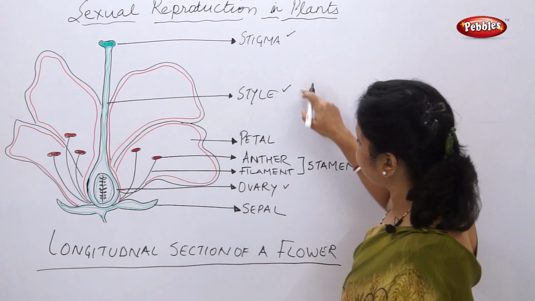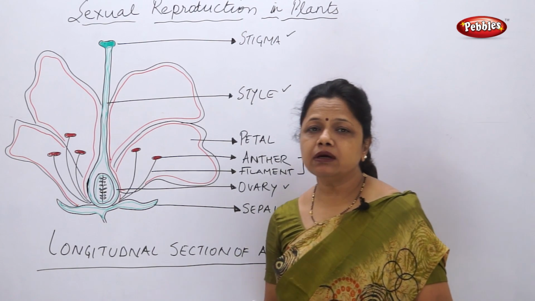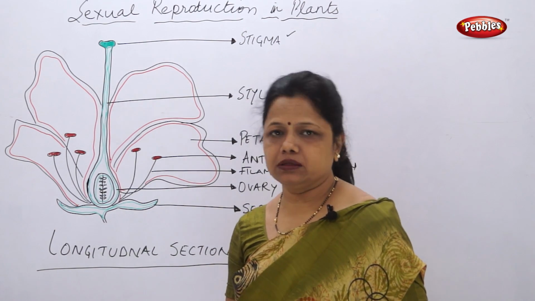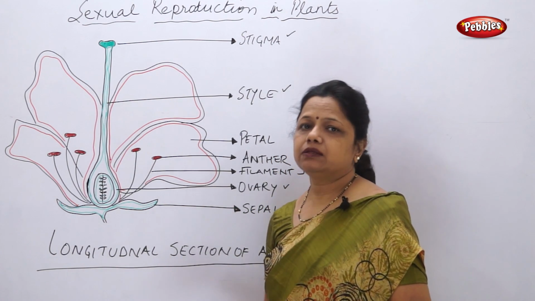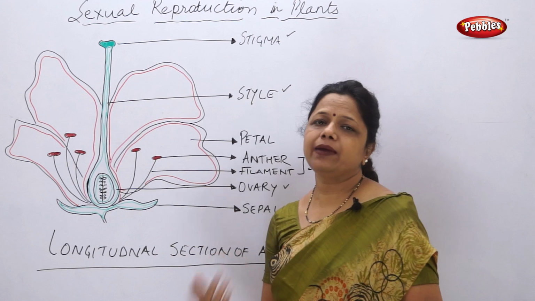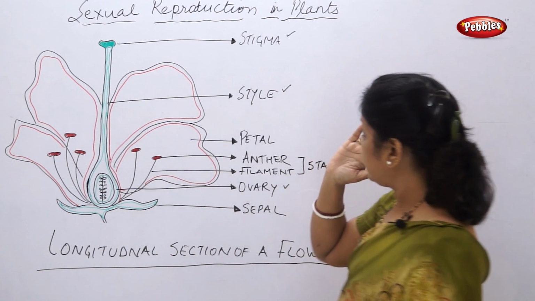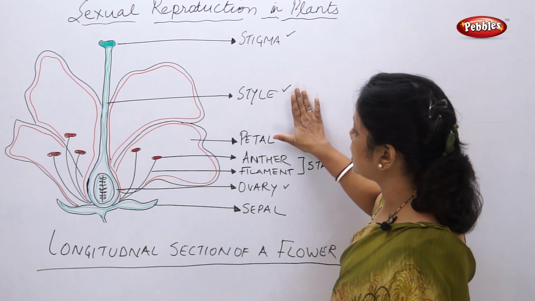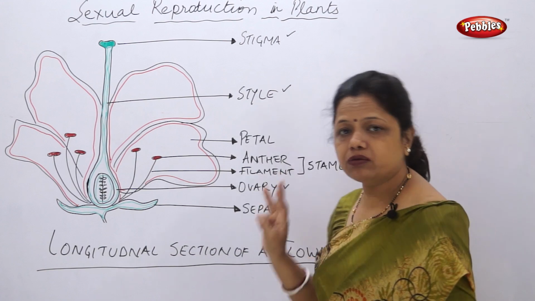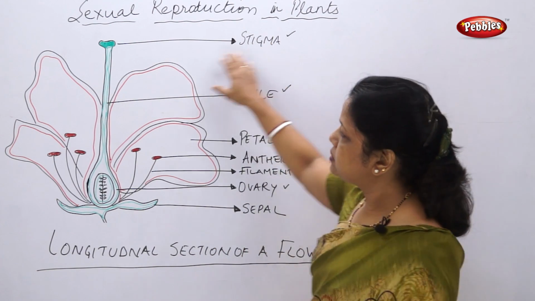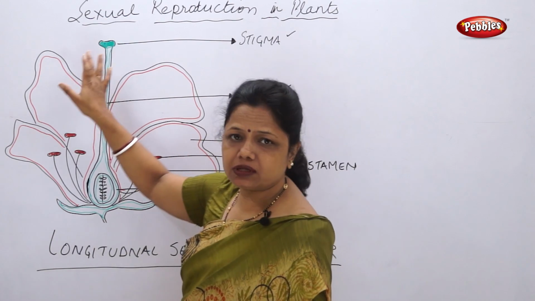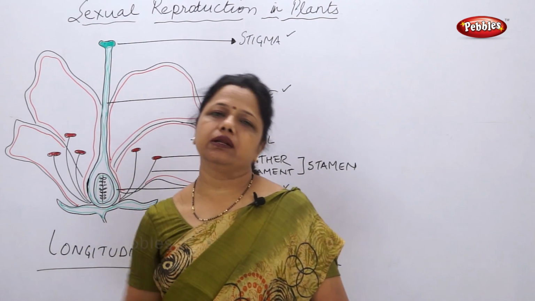The ones which I have tick marked are actually the female reproductive organs. In a flower, there are always two parts, the female reproductive organs and the male reproductive organs. So in a flower, this stigma, the style and this ovary are the three parts of the female reproductive organs. Stigma has a head-like structure which receives the pollen grain.